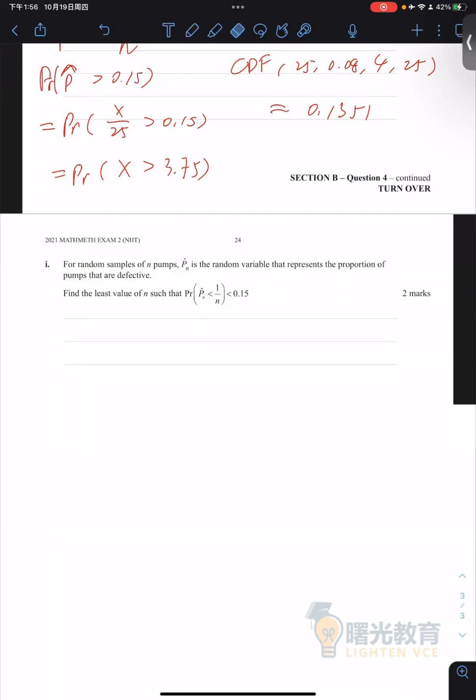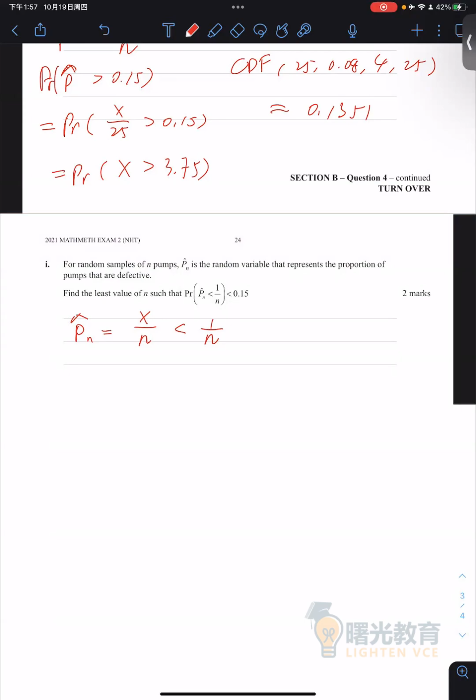Now we need to find out the least value of n such that p hat is less than 0.15. Again, all right, this p hat n would be the x value out of the sample number, and this value has to be less than 1 over n.